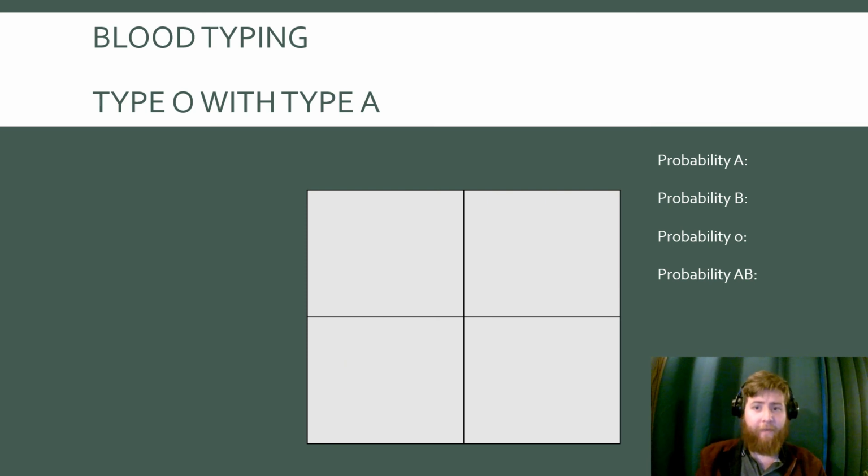So a time we see this really commonly is in blood typing. With blood typing, both A and B are dominant and type O is recessive.